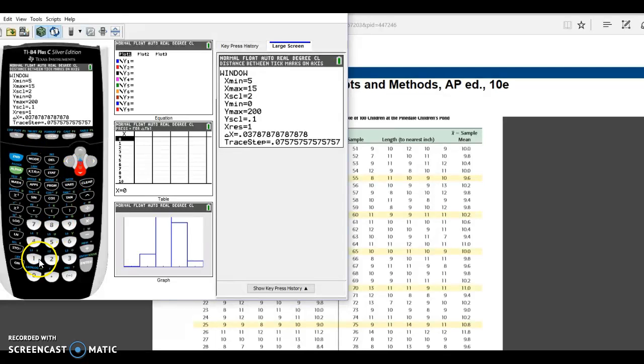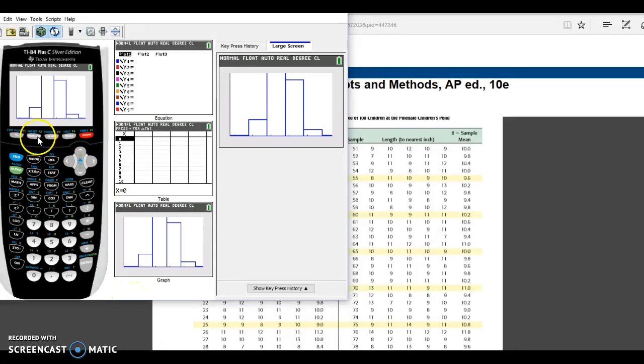Hopefully you know what I'm doing. I'm not building this histogram manually. I'm spacing the x-axis every 1.8 inches. And remember, these are intervals, so I'll have so many fish that fall into this interval, so many fish that fall into this interval. Let's see what 1.8 looks like.